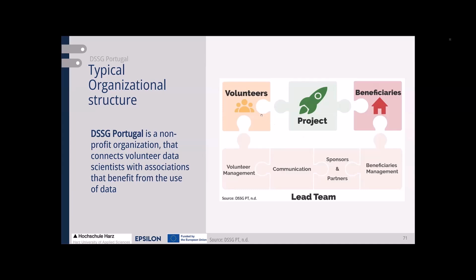So on the one hand, the beneficiary is able to work with the data scientists who work voluntarily and who change over time. And the beneficiary is also in touch with the overall management, who has a certain degree of continuity and therefore allows the beneficiary to provide requests or call for action with the beneficiary management.